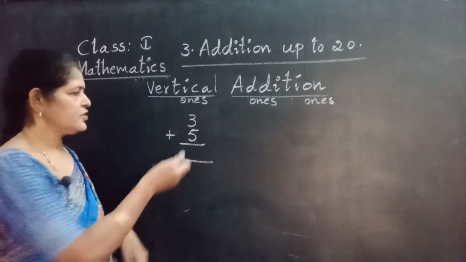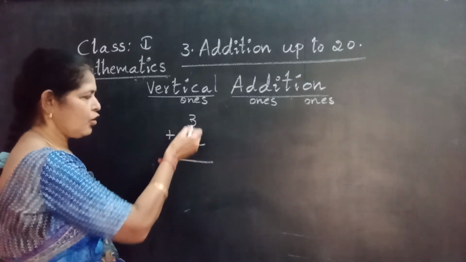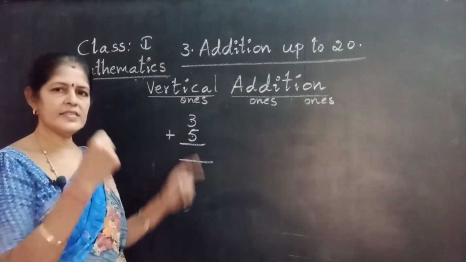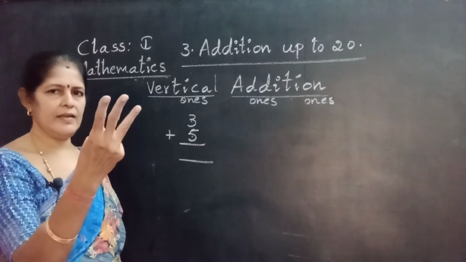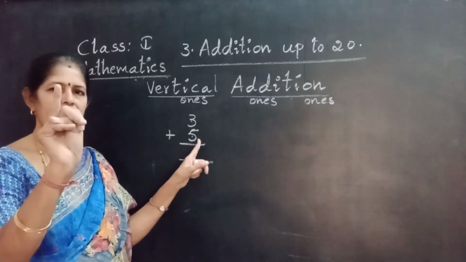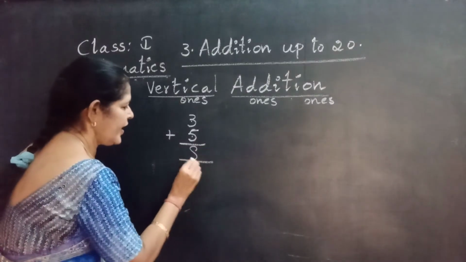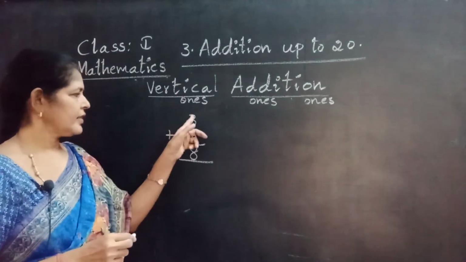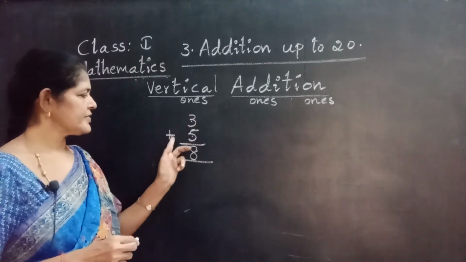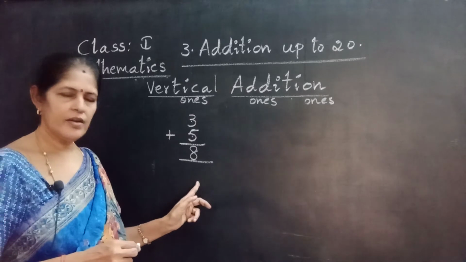Vertical addition means you write the two numbers one below the other in a standing line. Come on, take 3 fingers. 1, 2, 3. Then 4, 5, 6, 7, 8. Write number 8. This is the total. 3 plus 5 equals 8.